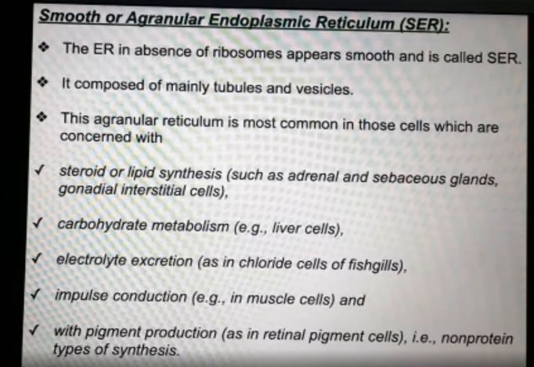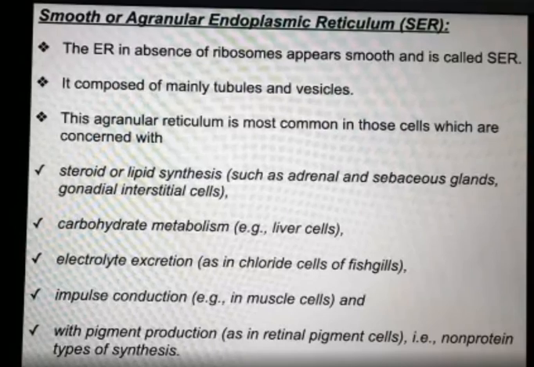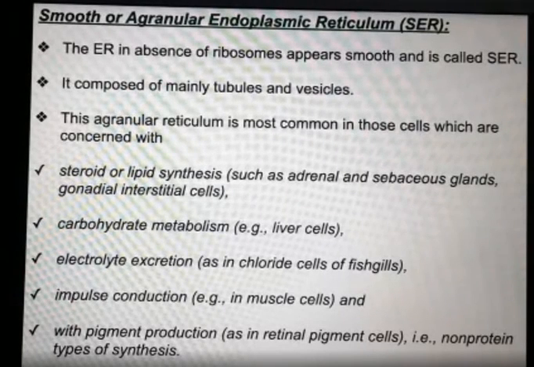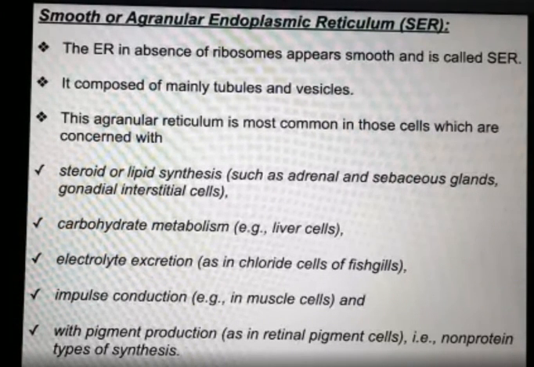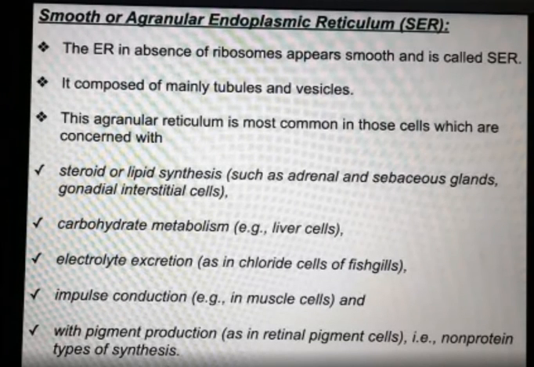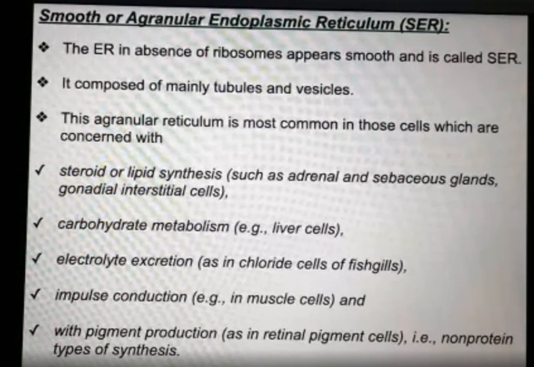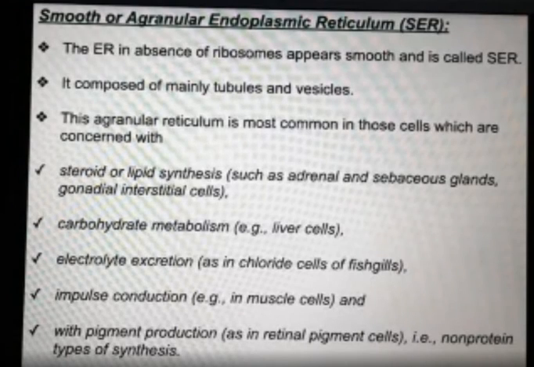This agranular reticulum is most common in those cells which are concerned with steroid or lipid synthesis, such as the adrenal and sebaceous glands, gonadal interstitial cells, then carbohydrate metabolism in liver cells, electrolyte excretion, as in the chloride cells of the fish gills, impulse conduction in muscle cells, and pigment production, as in retinal pigment cells, that is, the non-protein type of synthesis.